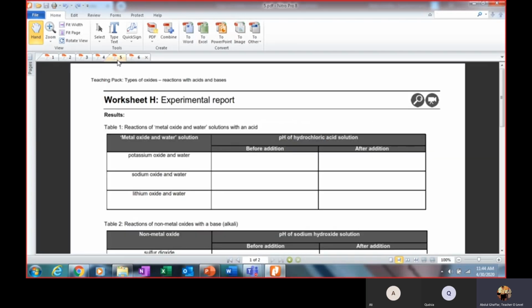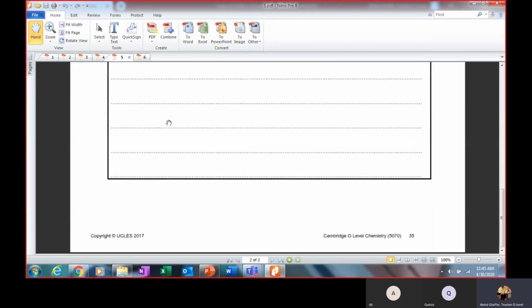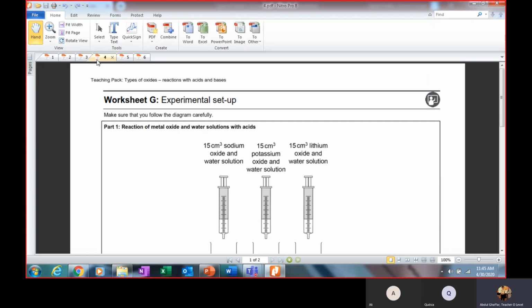This is also a worksheet, potassium oxide and water. What will be the pH before and after, and what will be the color change? These are very interesting and easy worksheets.